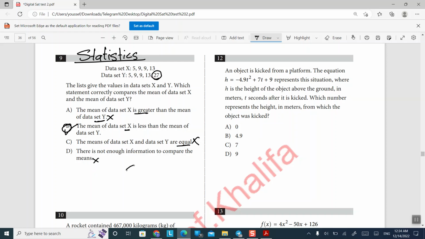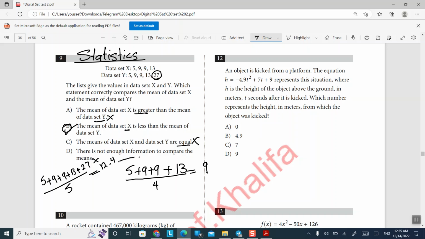In other words, we can't just find the mean in another way. If you're not sure of your answer, you can add them and divide by the number of values given, and same for data set Y. Over 5, and that will give 12.4, I think, and this is 9.